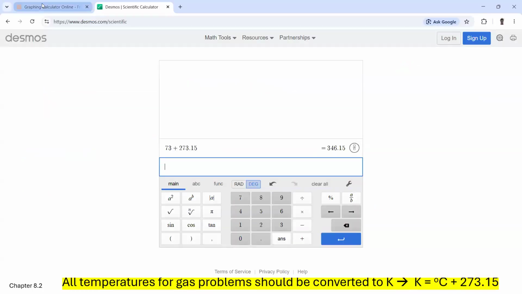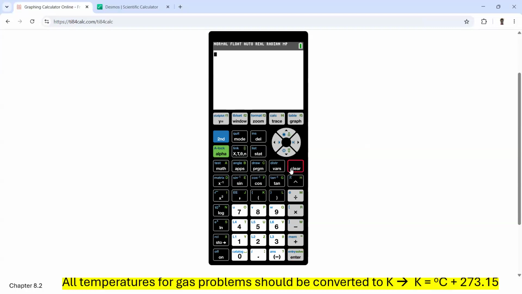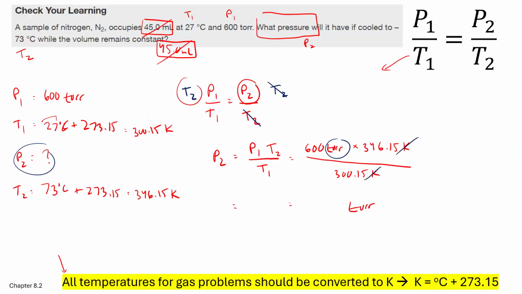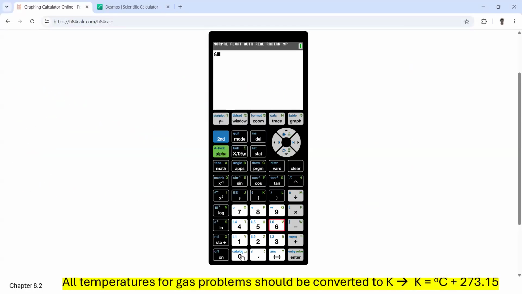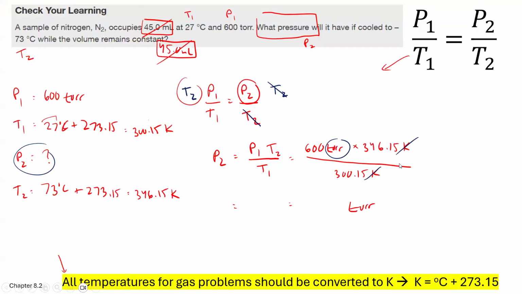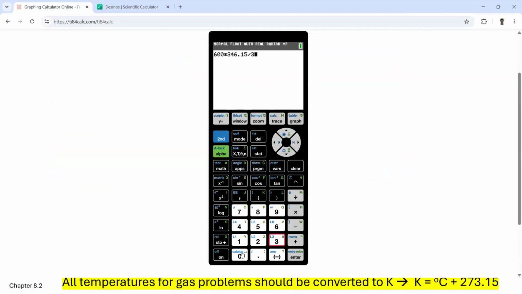All right, so that's going to be 600 times 346.15, divided by 300.15. I got 691.95.